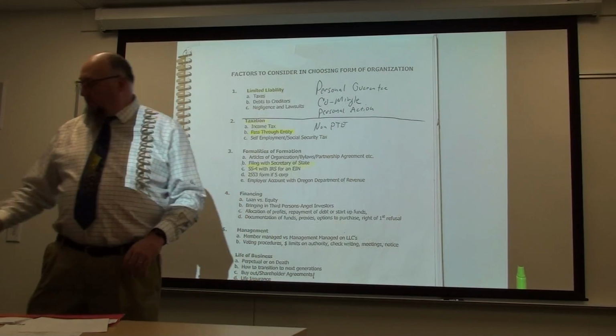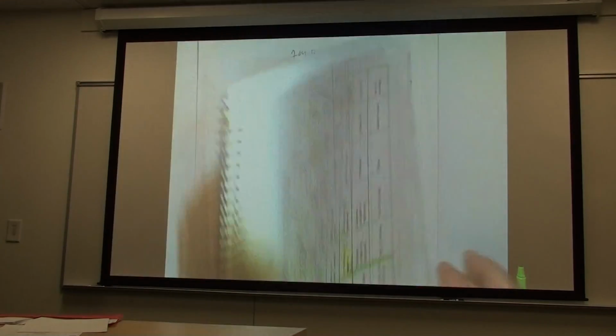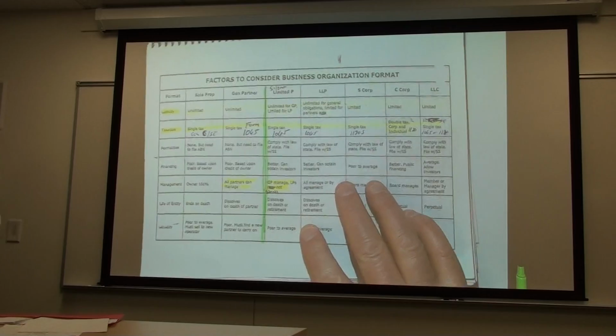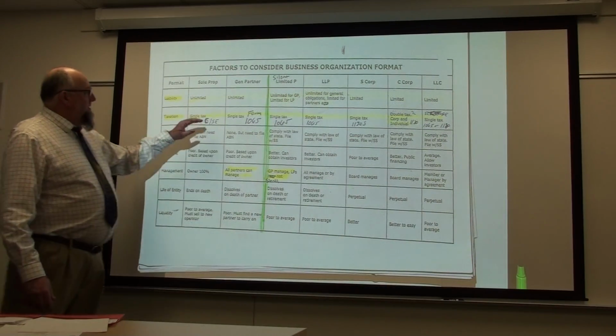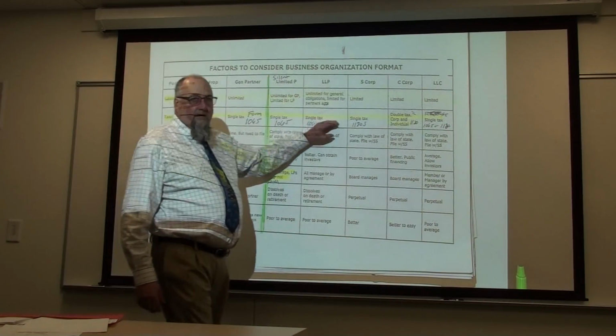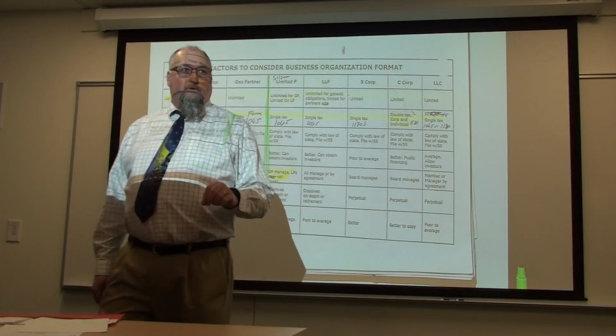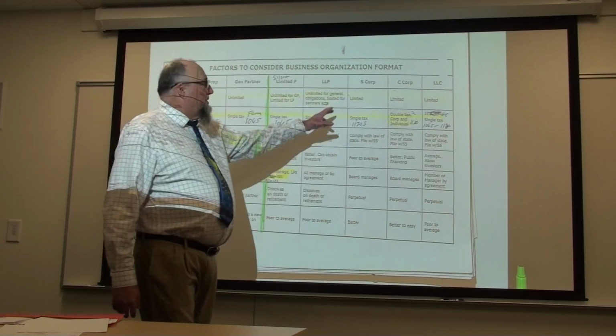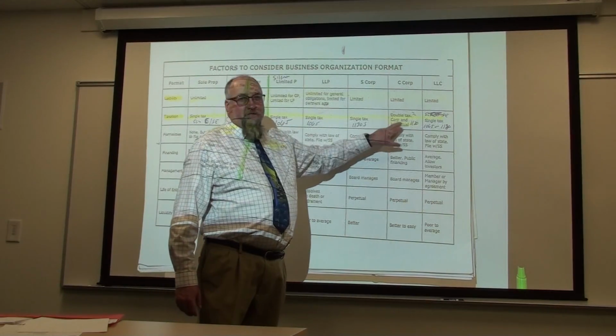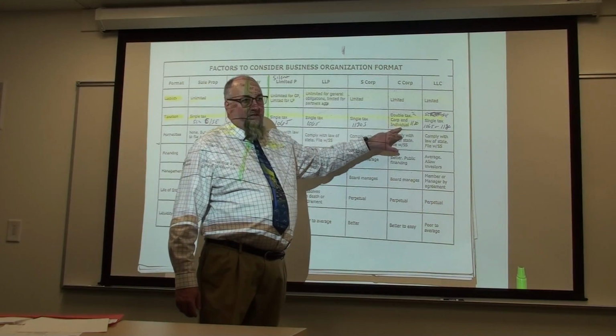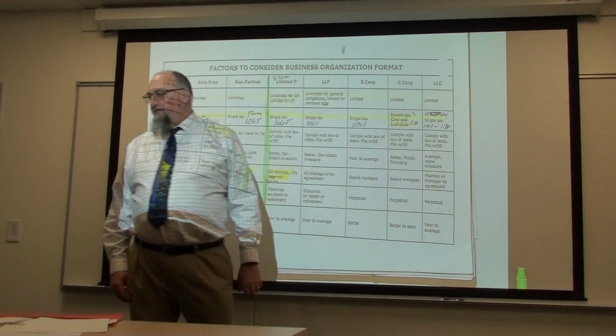Now, with that said, on my chart, you'll notice single tax all the way across, including LLC. Those are all the pass-throughs. Corporate C-Corp is subject to the corporate tax and individual tax. So that's the one where we have double.